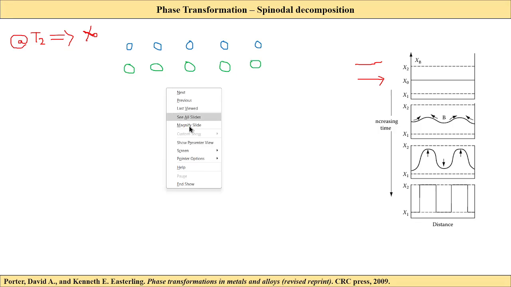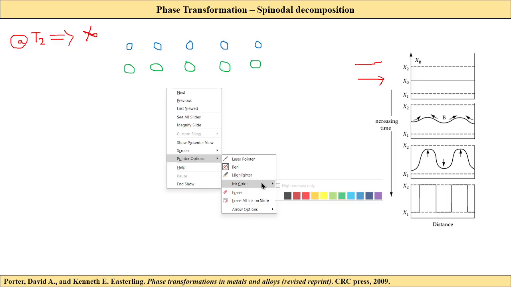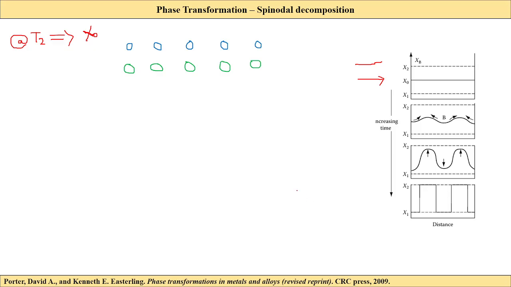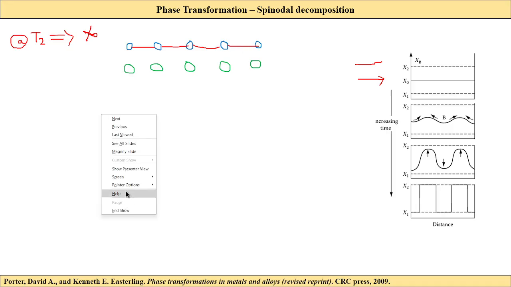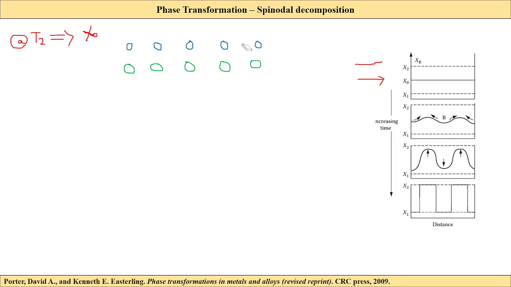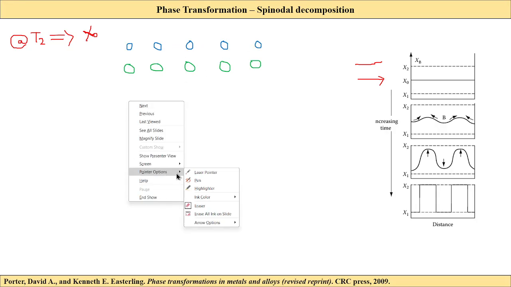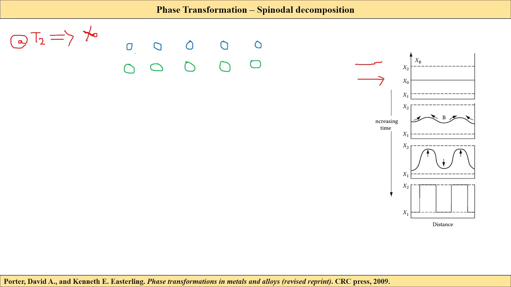Now, these are my bond lengths for this one. Let me erase that and draw in a different color, green.